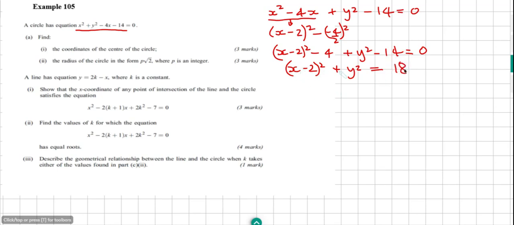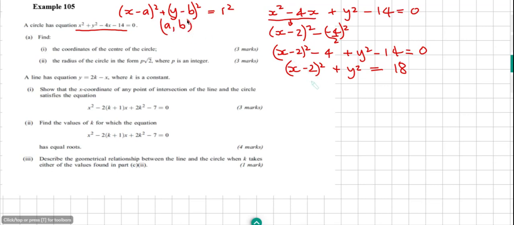So now it's in the correct format, I can decide what the coordinates of the centre of the circle are. Because our standard equation is x minus a squared plus y minus b squared equals r squared, then we can see that (a, b) is the coordinate of the centre of the circle.